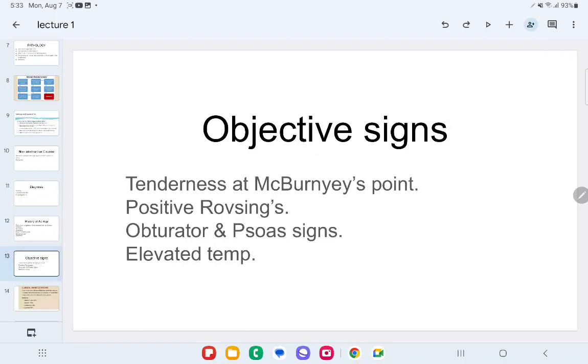Objective signs, as we said: tenderness at McBurney's point, which may be associated with rebound. Positive Rovsing's signs, positive obturator and psoas signs, and elevated temperature.